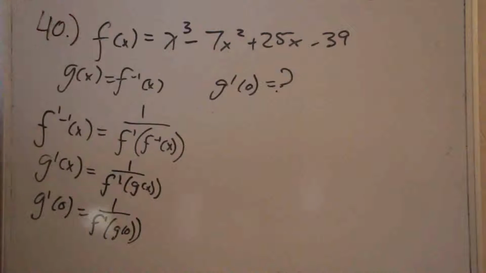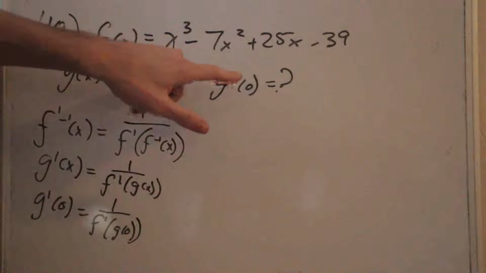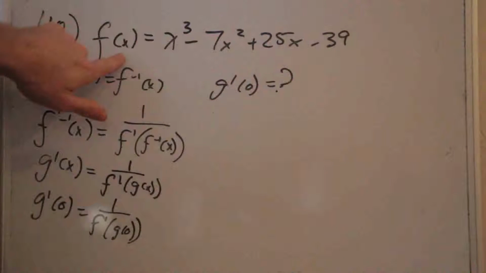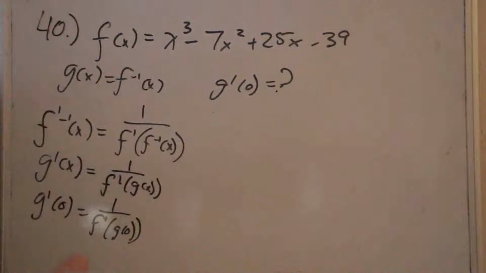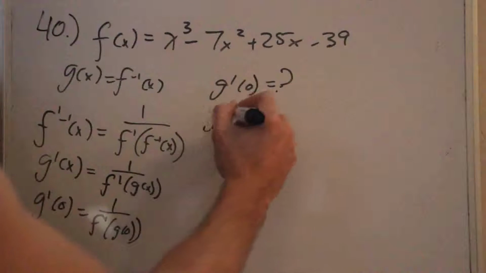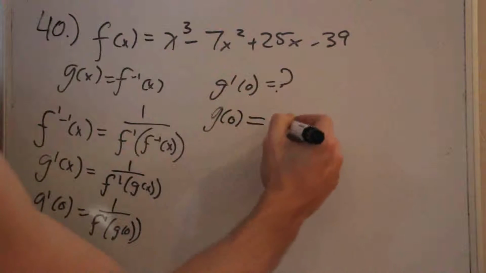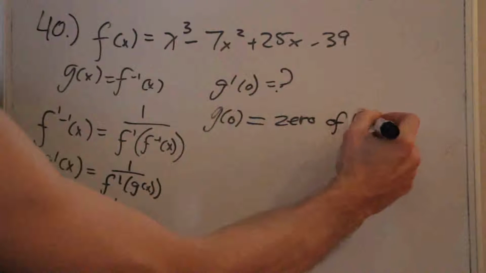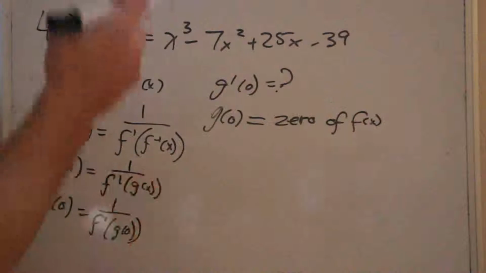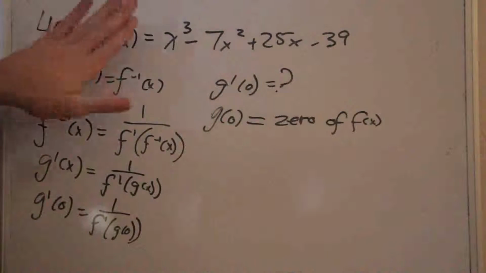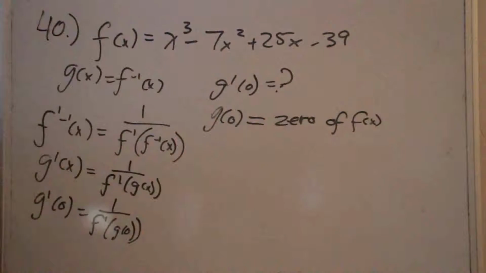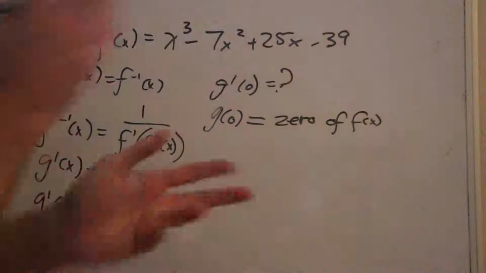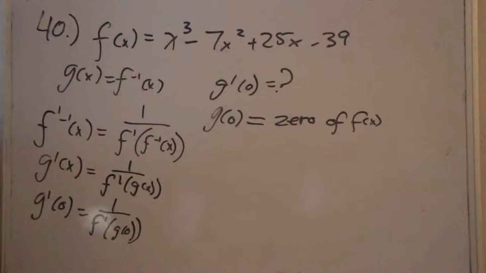So g of 0 means rather than plugging 0 into x and finding what my function is, g of 0 is equal to the 0 of my function, f of x. Instead of where x would equal 0, it would be where y is equal to 0. That's how an inverse works if I'm talking about g of 0.